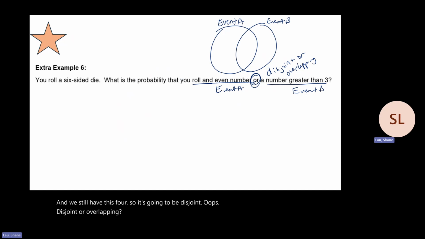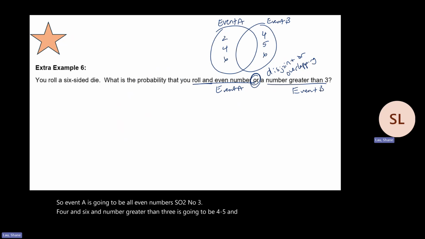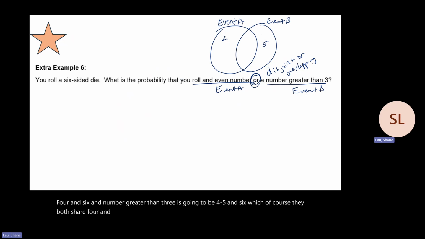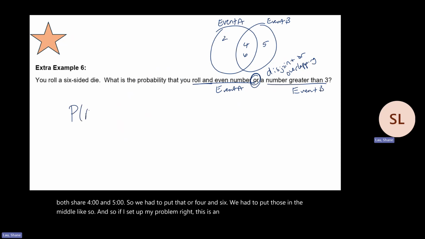So event A is going to be all the even numbers, so 2, 4, and 6. And a number greater than 3 is going to be 4, 5, and 6, which of course they both share 4 and 6. We have to put those in the middle like so. And so if I set up my problem, this is an overlapping problem now, A or B.